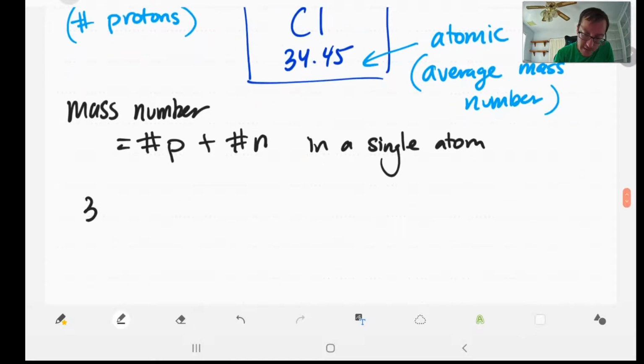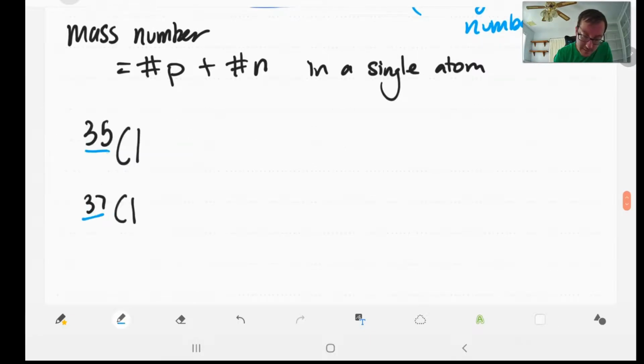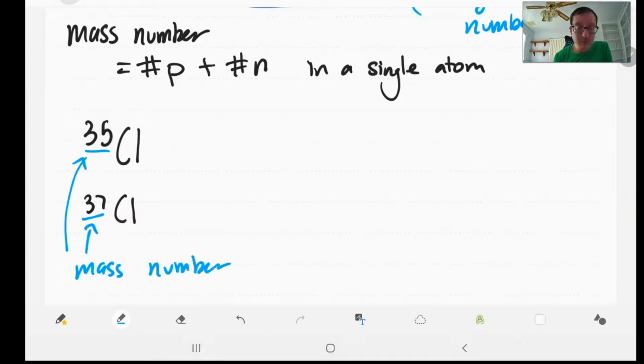Actually, that's 35.45 now that I think about it. We have chlorine 35 and chlorine 37. These are the two main isotopes of chlorine. Those numbers up there are the mass numbers. And the only purpose for the mass number is to help identify an isotope.